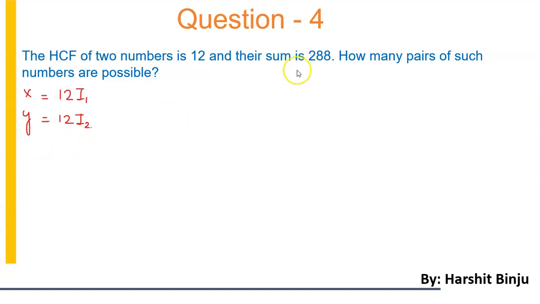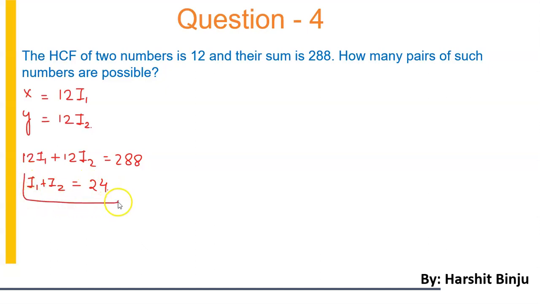So I can say that now their sum is 288, which means 12 I1 plus 12 I2 is 288, which means I1 plus I2. So I need to divide this. So 12 times 2 is 24 and this will become 48. So I1 plus I2 is basically equal to 24.